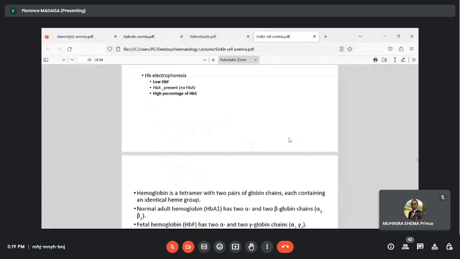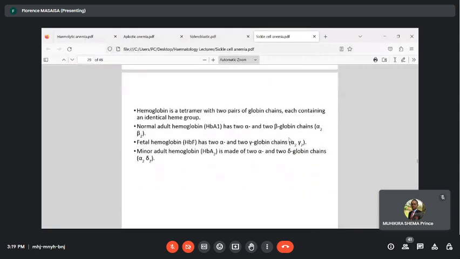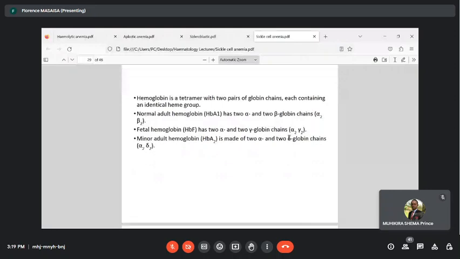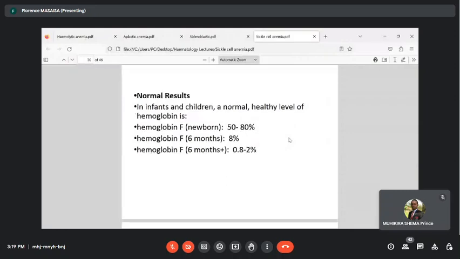Those are just a repetition about the hemoglobin chains, alpha, hemoglobin A1, hemoglobin A2, and so on. Normally in infants, hemoglobin F is 50 to 80% at 6 months, then hemoglobin F decreases.